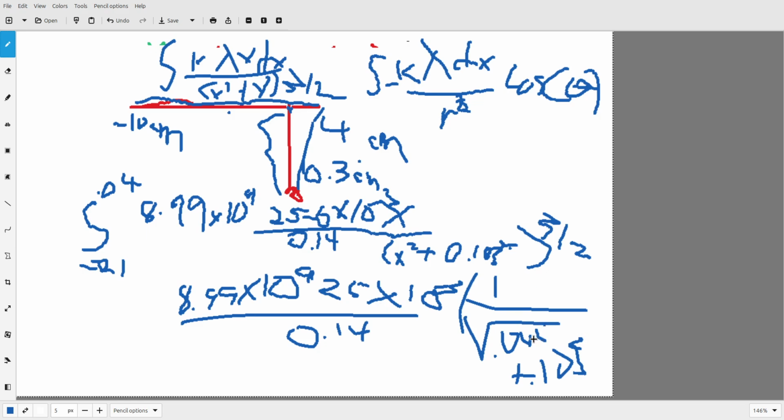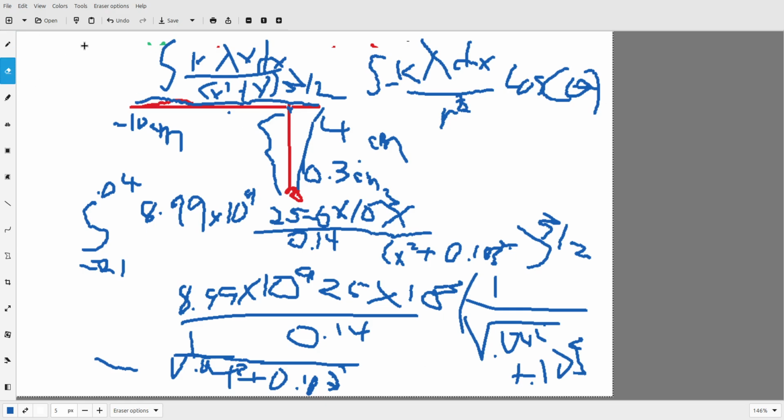It's a Pythagorean identity, square root of x squared plus y squared, minus 1 over the square root of 0.04 squared plus 0.103 squared, okay?